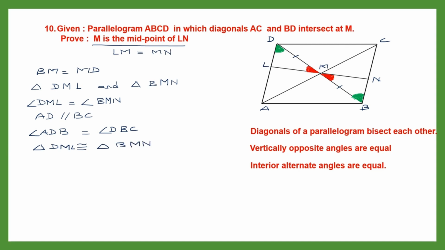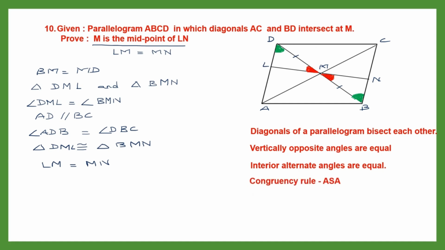And then we also know that in congruent triangles, the corresponding parts will be equal. That means this is equal to this. These will be the corresponding parts. So LM will be equal to MN. So let's write that. LM will be equal to MN. And what is the reason? The corresponding parts of congruent triangles are equal.